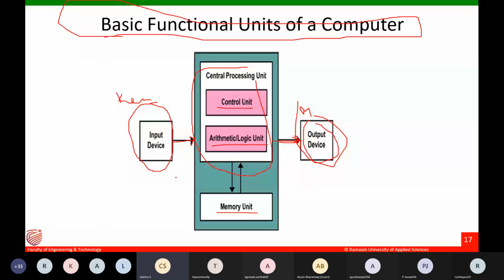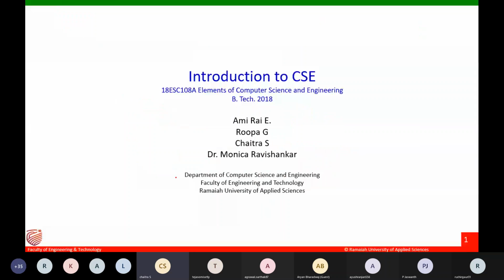The control unit accesses it and stores the value. It accesses it and gives it to the arithmetic logic unit. It performs addition or subtraction or true or false, stores it into the memory unit, and gives the output at the output device. That ends session 1.